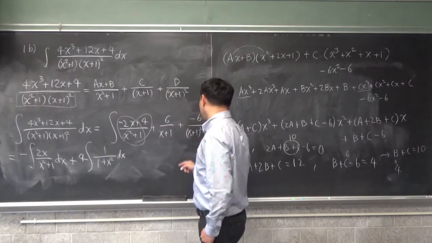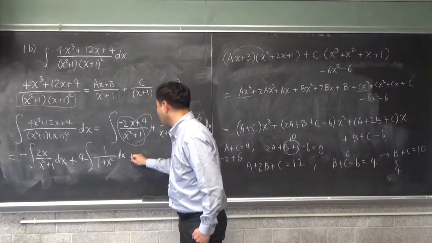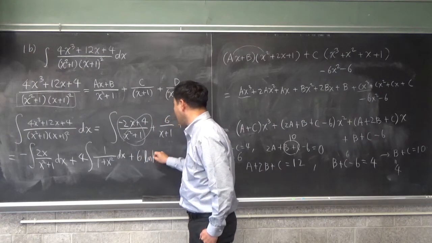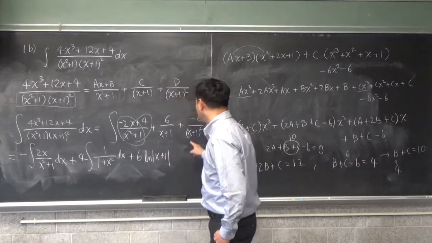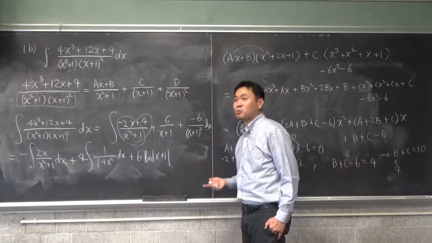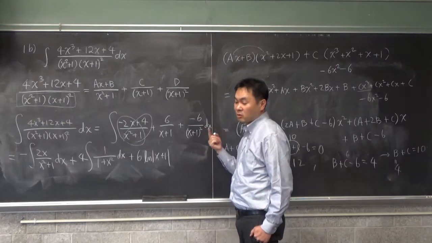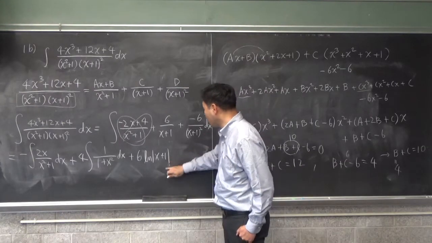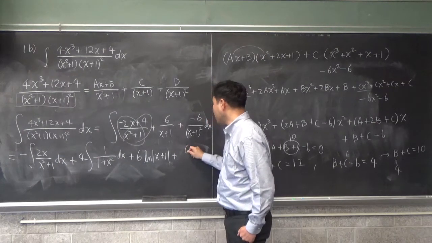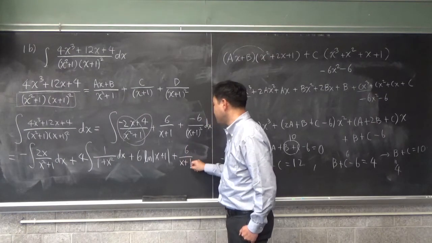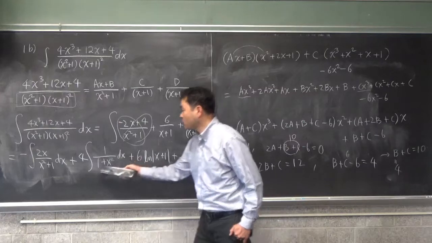And the other ones are easy to integrate. This integrates to 6 ln of absolute value of x plus 1. Negative 1 over x squared integrates to 1 over x, so this should be integrated to plus 6 over x plus 1. So we just have to do these two.